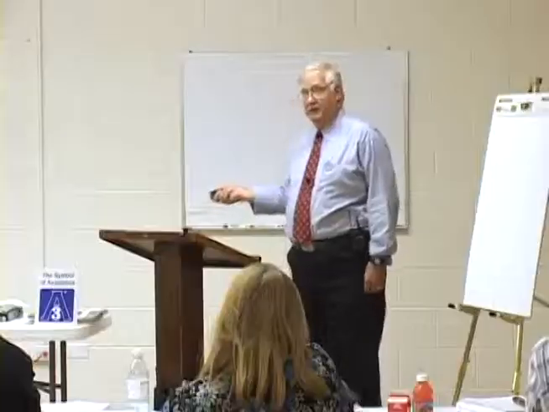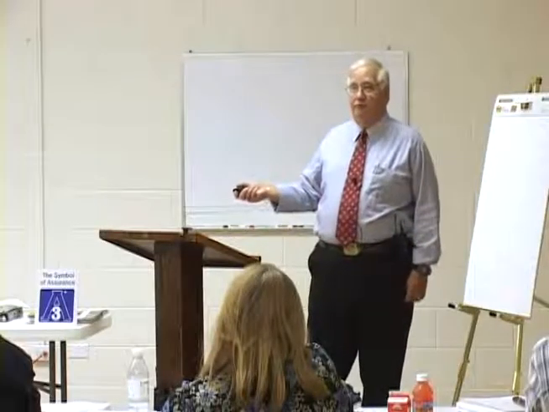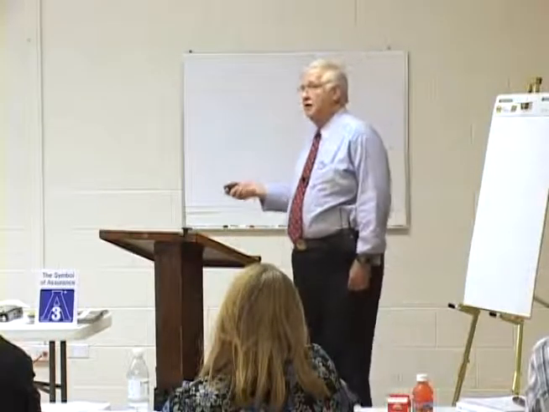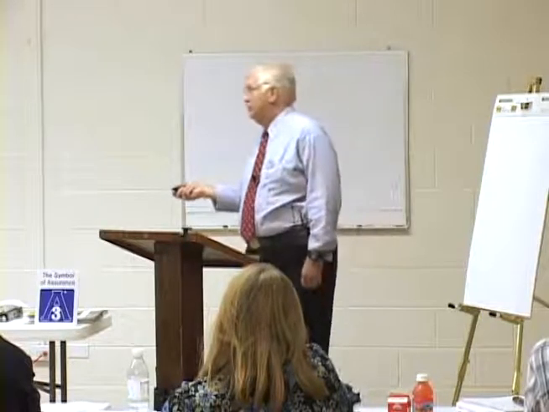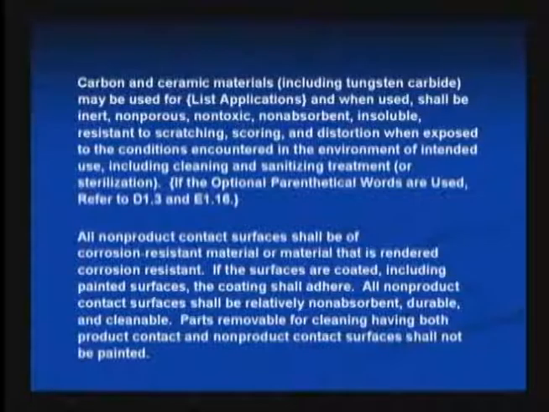That means they could be plated, or they can be painted. Frames of a packaging machine or dry products filling machine, it's not uncommon for them to be epoxy painted, or there's lots of good surfaces. So they basically want them corrosion resistant. They should be relatively non-absorbent, durable, and cleanable.